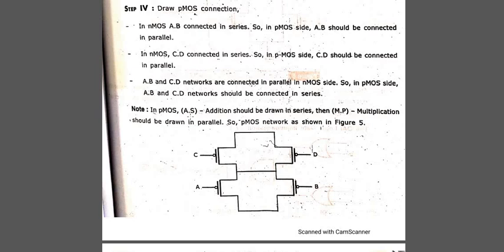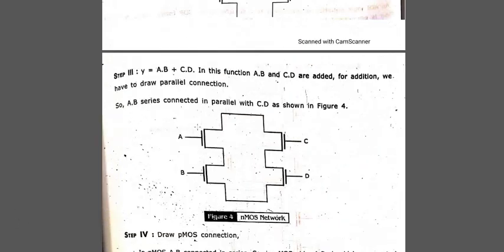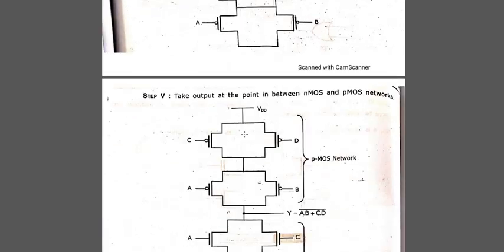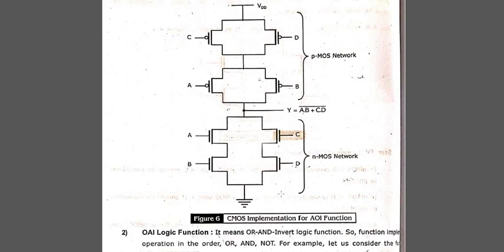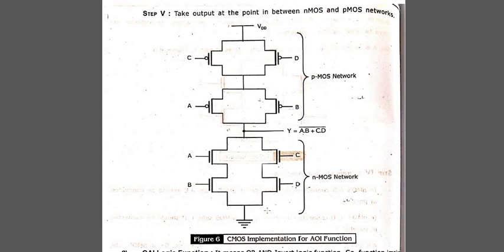Now you have to take the point at which both the NMOS and PMOS networks should be joined, and you should get the output, right? I have shown the combination of AB and CD in NMOS as well as in PMOS. Now you add these two. This part is completely your CMOS implementation for AOI.